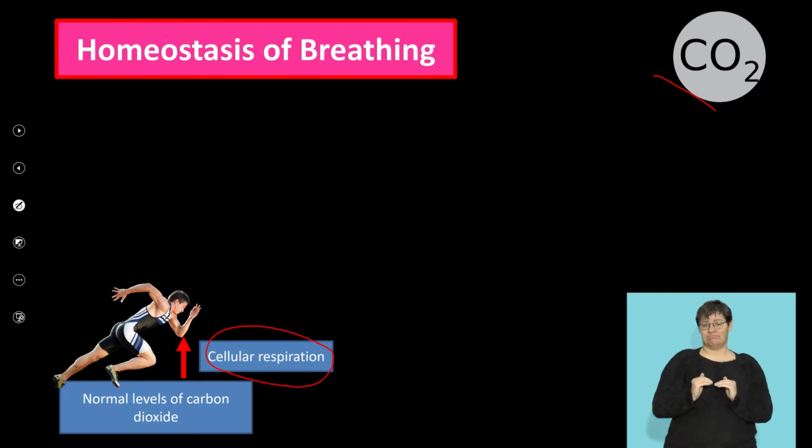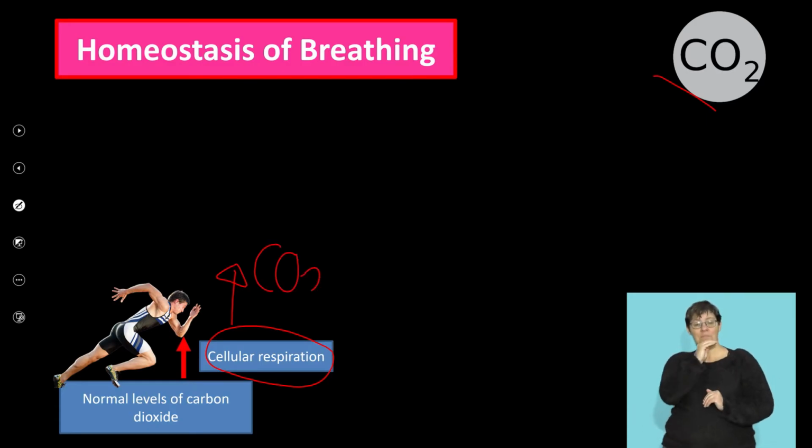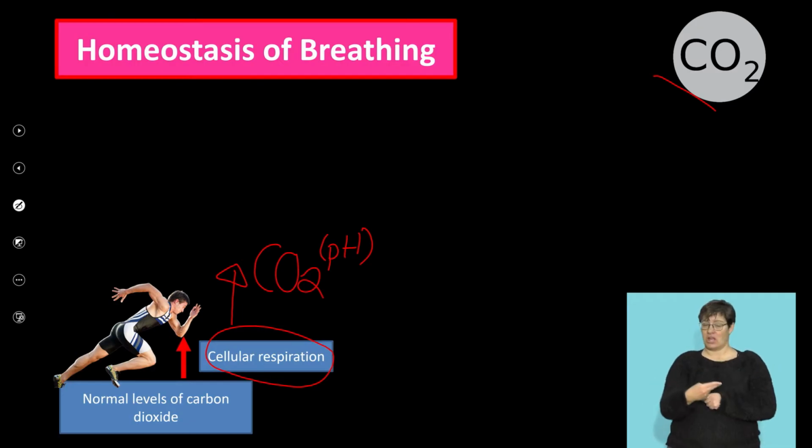What does an increase in cellular respiration mean? It means there's an increase in carbon dioxide. And as I said, carbon dioxide changes the pH of the body. I cannot have that, as it could be detrimental to the balances. So my body needs to have something in place.